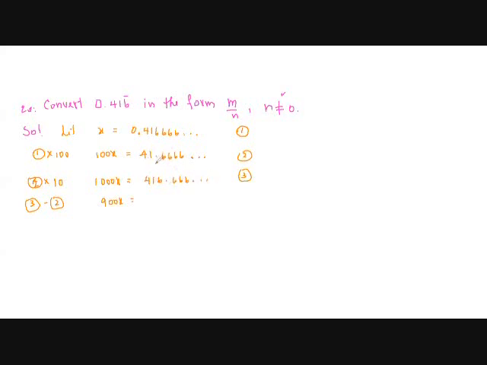X. So this one, 416.6666 minus 41.6666, right? So you see this, if I have 416.6, okay, and minus this one, 41.6666 at the back, right? We have 3 dots, okay? Then you subtract it.